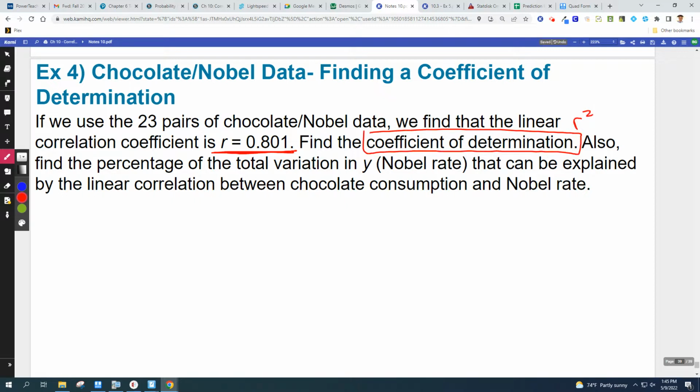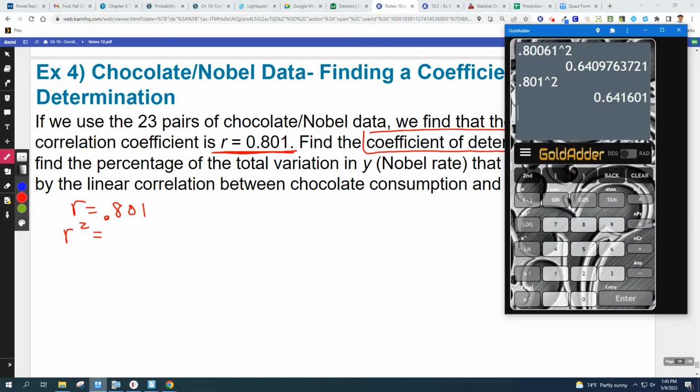So I gave you a formula for that, but it's probably just going to be easier to just square the r value. We see the r value is 0.801. The coefficient of determination is literally just square that. So here I've got it right here. 0.801 squared is 0.642.